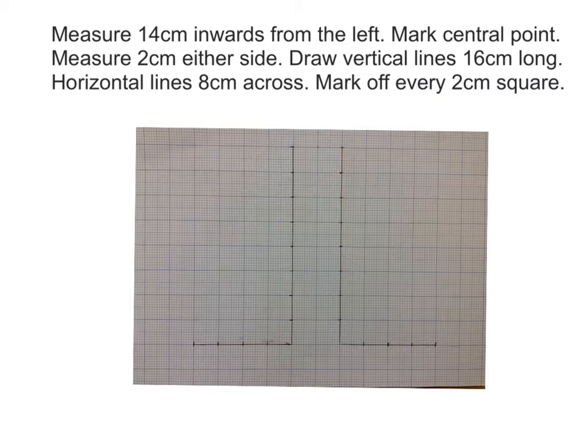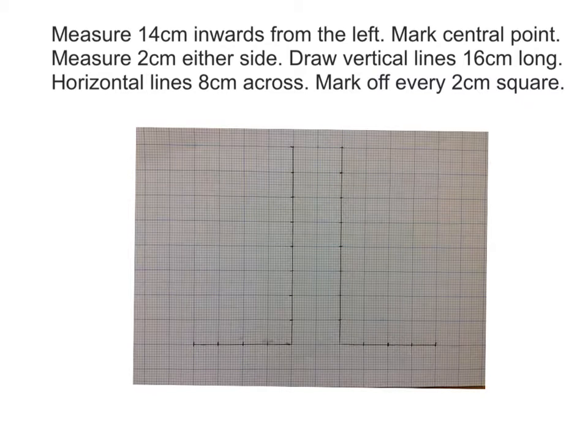So the first thing that you need to do is to go to the top left part of your graph paper and just measure 14 centimetres inwards from the left, and that will take you to the middle of your graph paper. Mark this central point and then measure 2 centimetres either side of this central point.